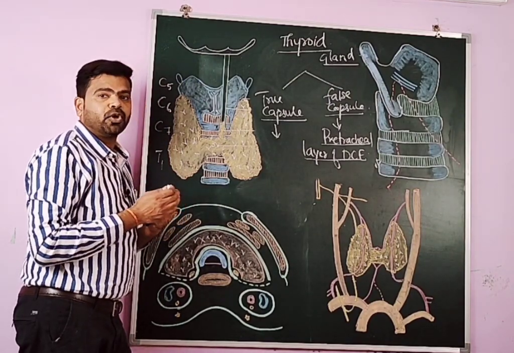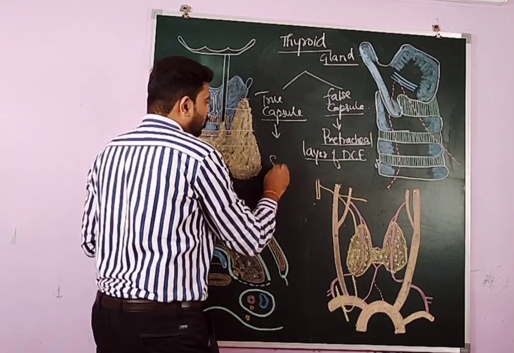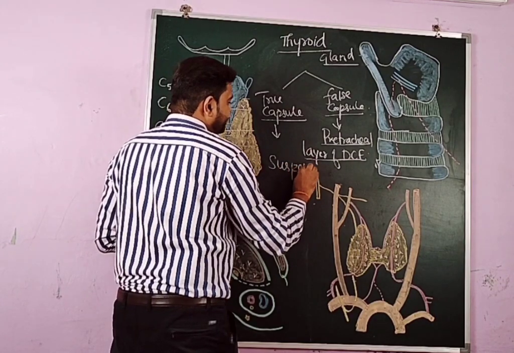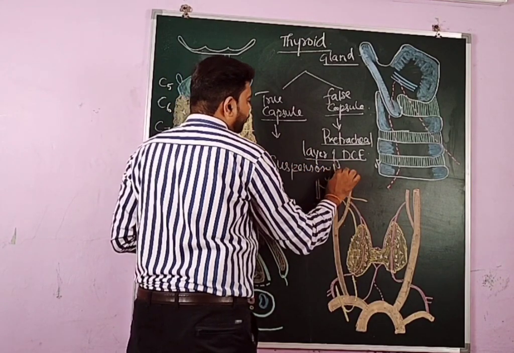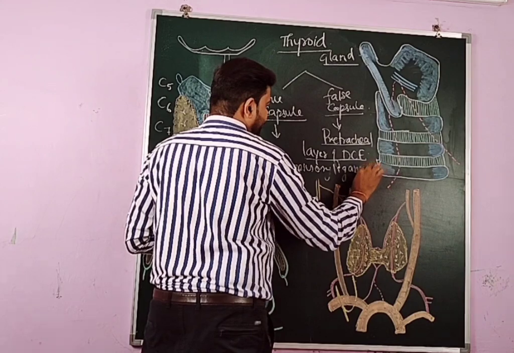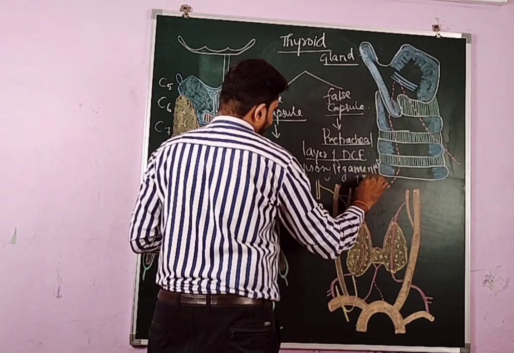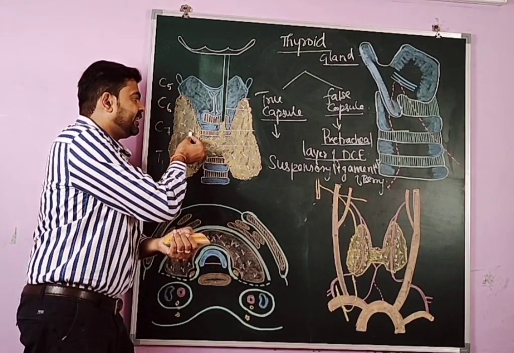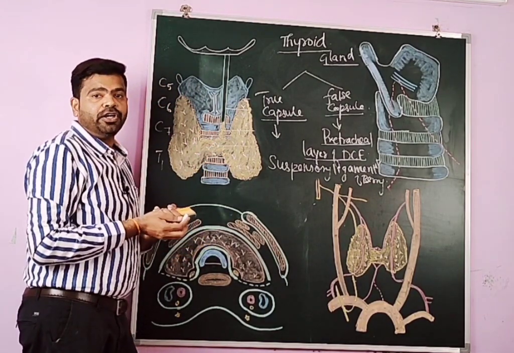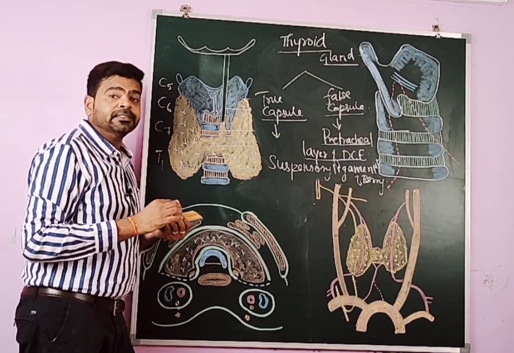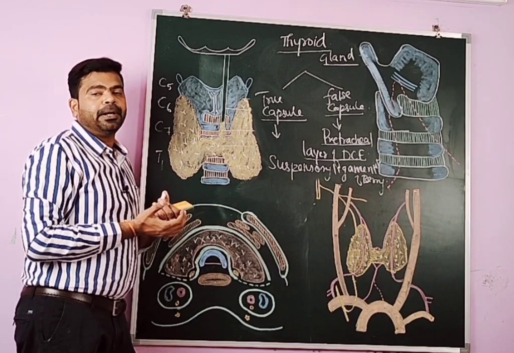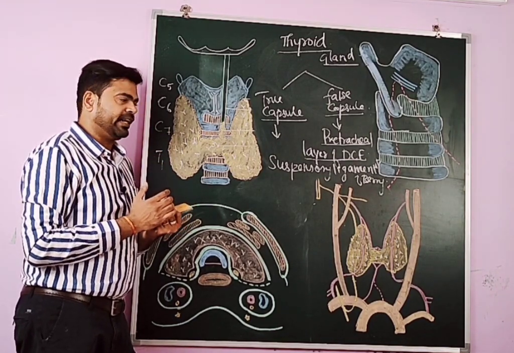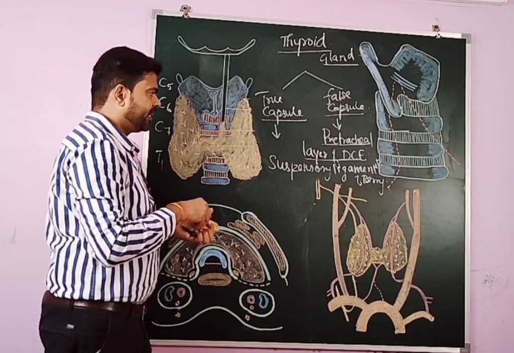As I already mentioned, it is thick on the medial surface, forming an important ligament called the suspensory ligament of Berry. This suspensory ligament of Berry connects the thyroid gland with the cricoid cartilage. This is the reason the thyroid gland moves up and down during deglutition. So this is about the capsule.